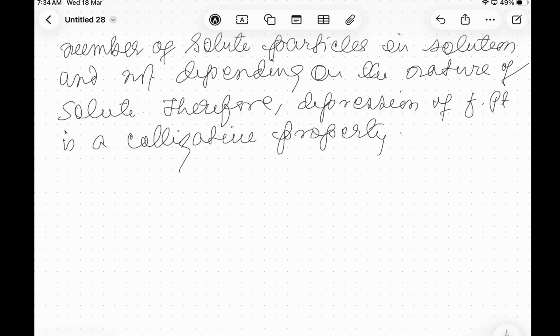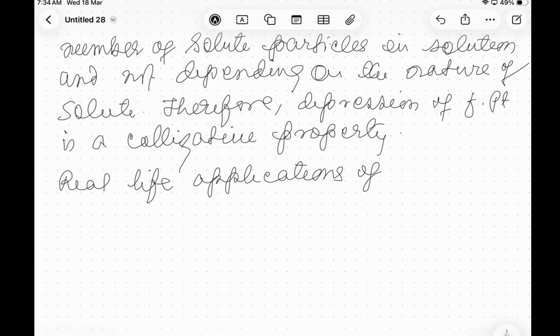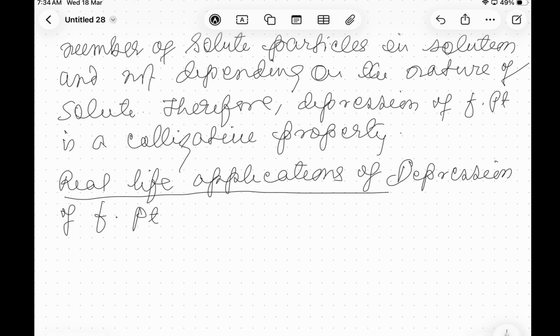Now I am coming to the topic: real life application of depression of freezing point. First, salt on icy road.